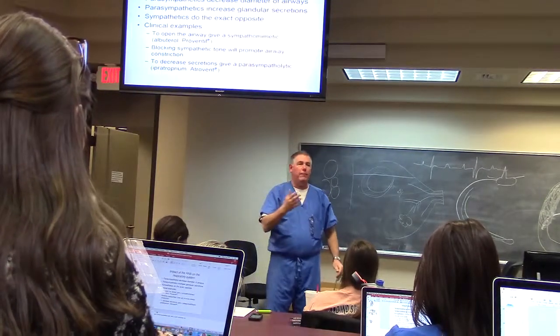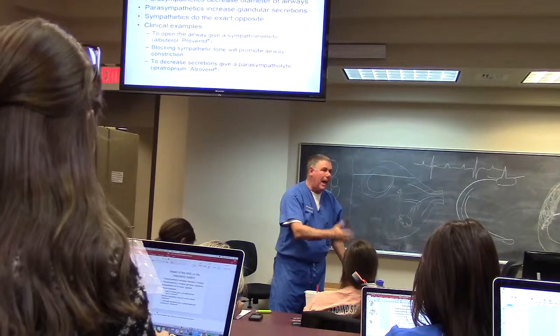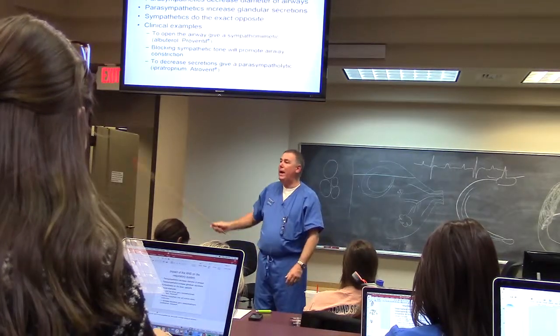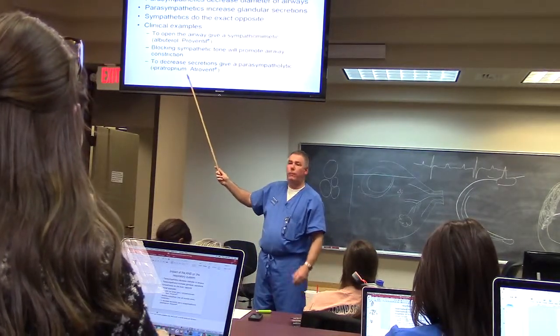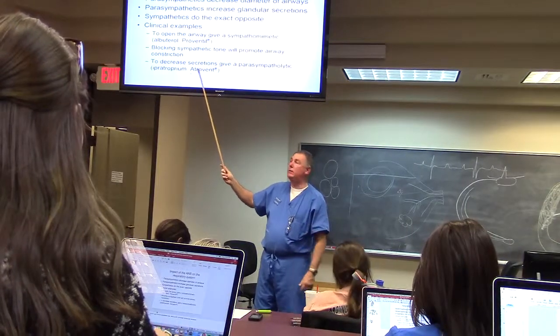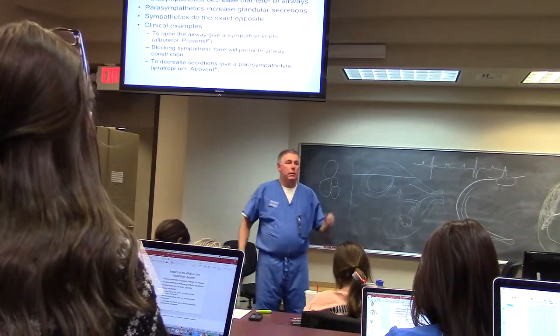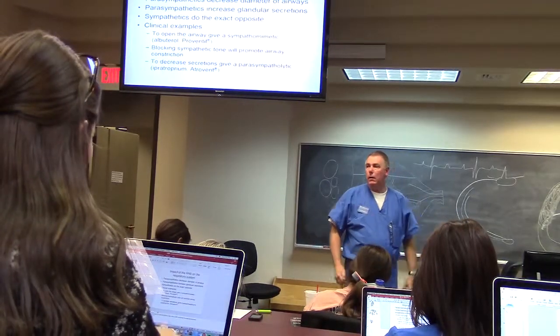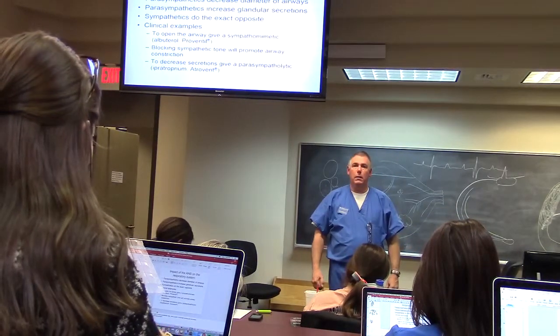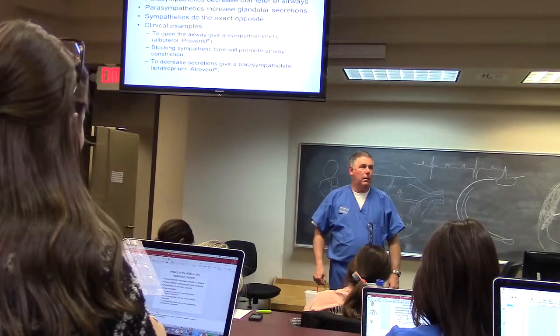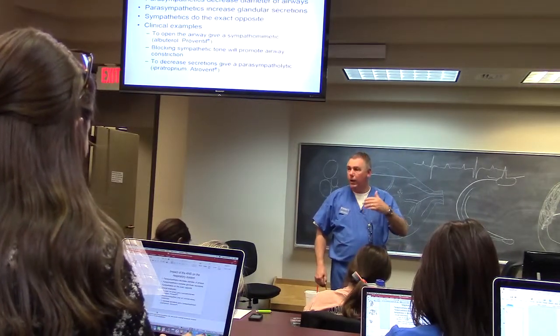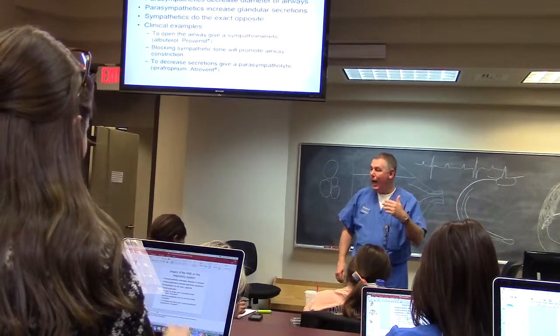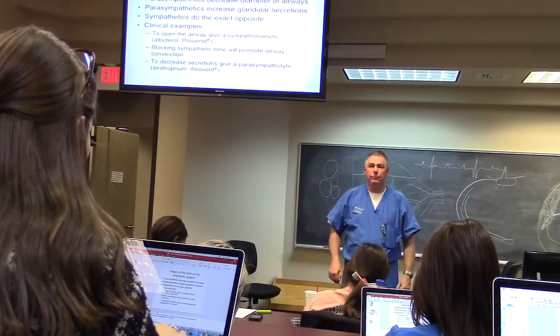That's why you don't give an asthmatic a beta blocker for their hypertension. Beta blocker is a type of drug that blocks sympathetics. A beta blocker can cause an asthma exacerbation.